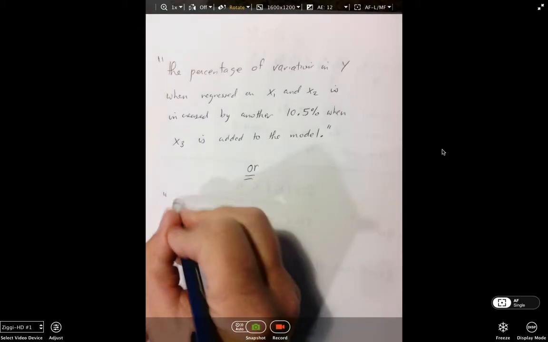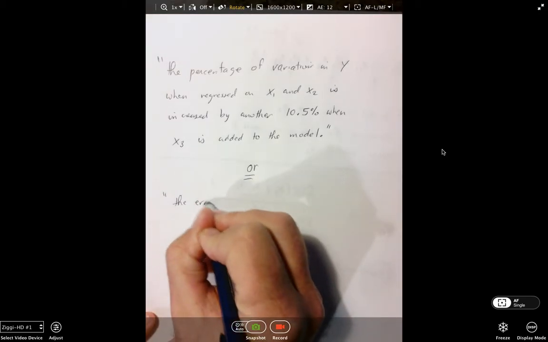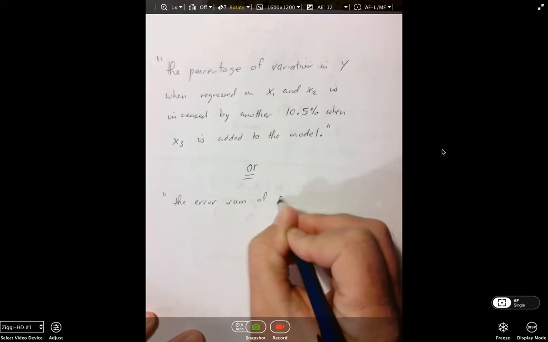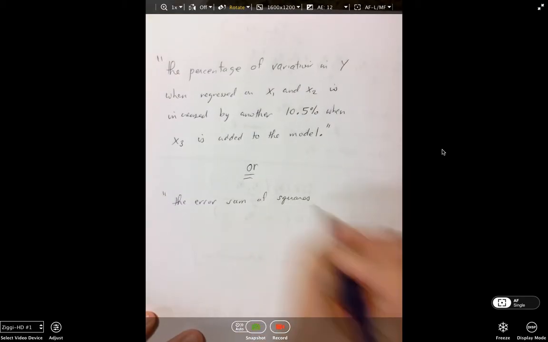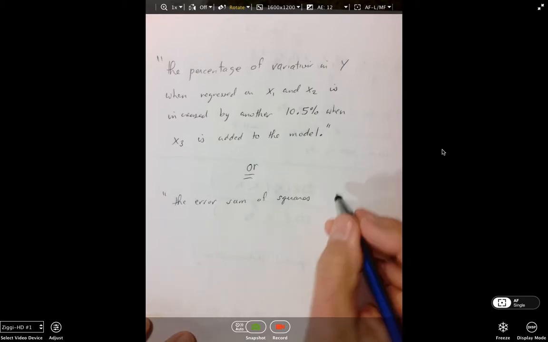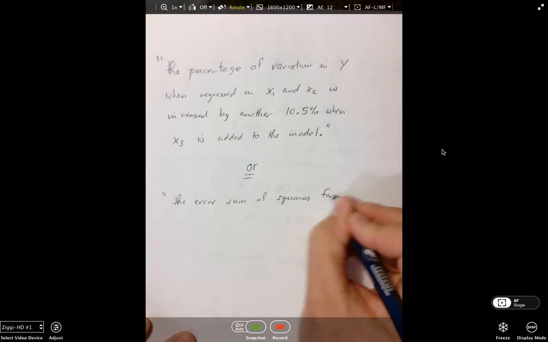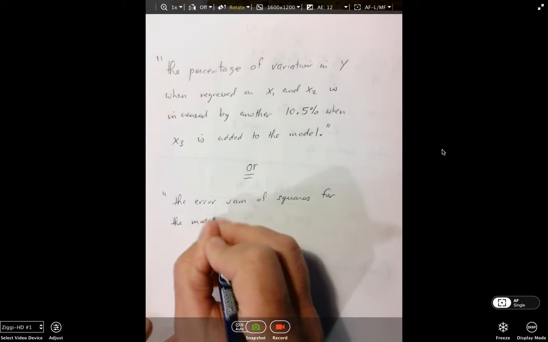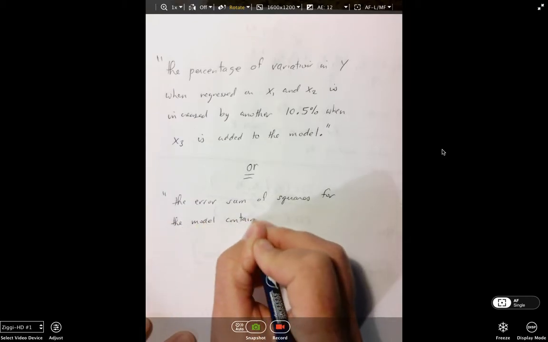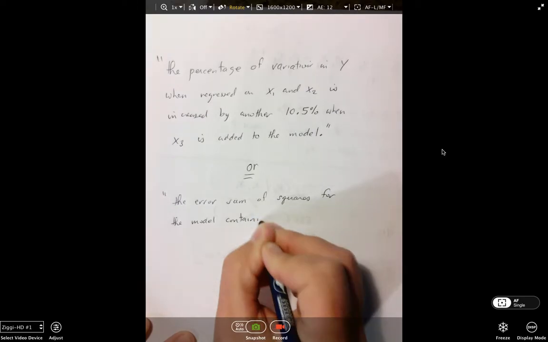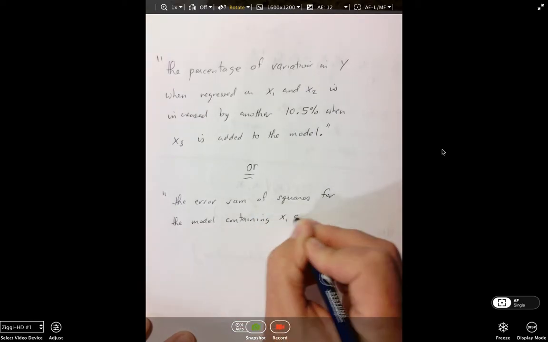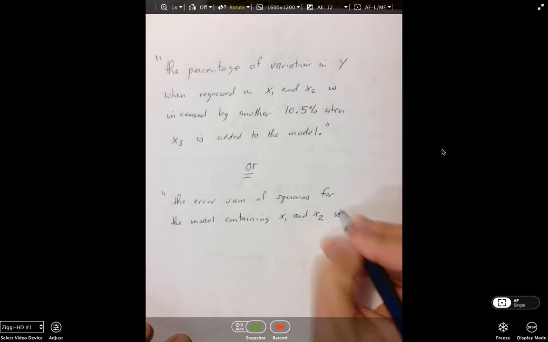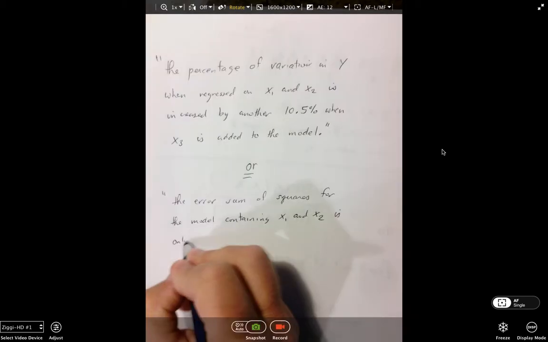So we could say that the error sum of squares for the model containing x1 and x2 is reduced by another 10.5% when x3 is added to the model.